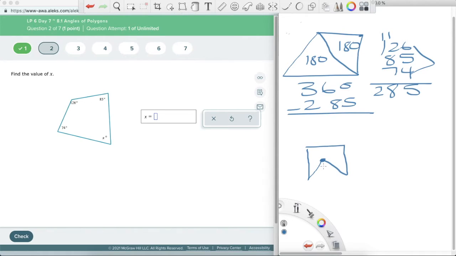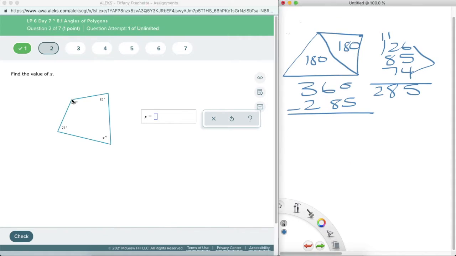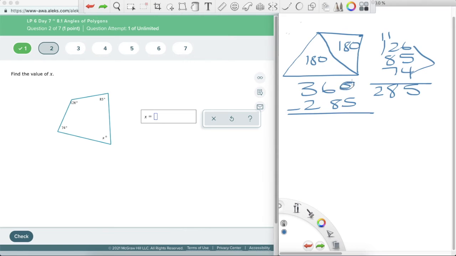Convex means all the points are outside of the body, so nothing caves in. It's an easy way to remember that. All right, so we borrow, and we get 5. We borrow again, and we get 2, 7, so 75. So this angle has to be 75.